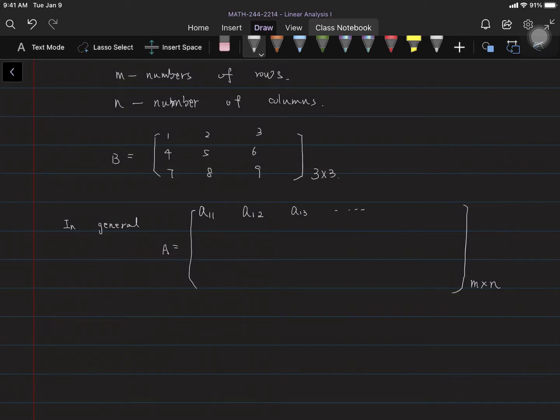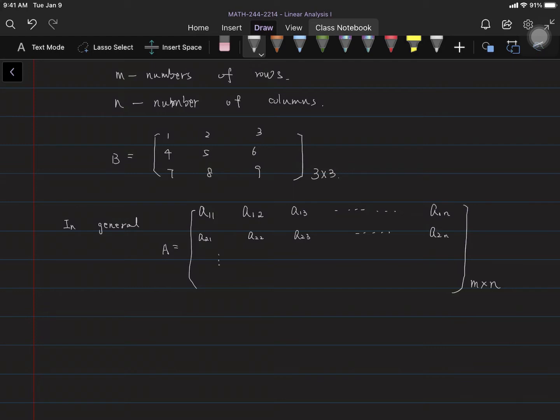Here, you can skip. The last number in the first row, for the row we use 1, and because we have n columns, it is A1n. Second row: A21, A22, A23, and A2n.